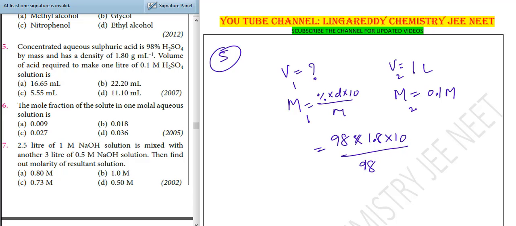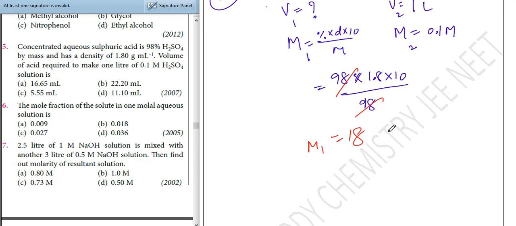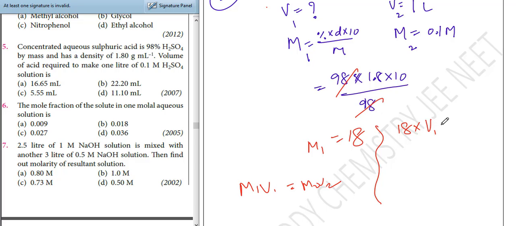So 98 gets cancelled, and 18 is the answer. So M1 is 18, V1 we have to calculate, V2 is 1 liter, M2 is 0.1. Therefore I will use the formula M1 V1 = M2 V2. M1 is 18, so 18 into V1 is what we have to calculate.